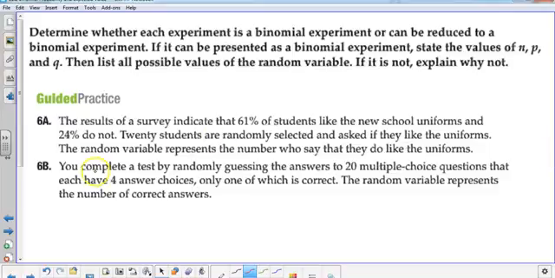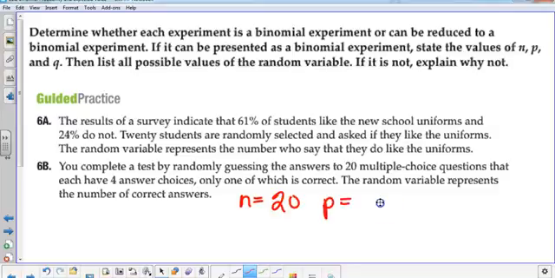Next question. You complete a test by randomly guessing the answers to 20 multiple choice questions. Each have 4 answers. Okay, only one of which is correct. The random variable is the number of correct answers you get. Each question you're either going to get right or wrong. What's the N? 20 questions.